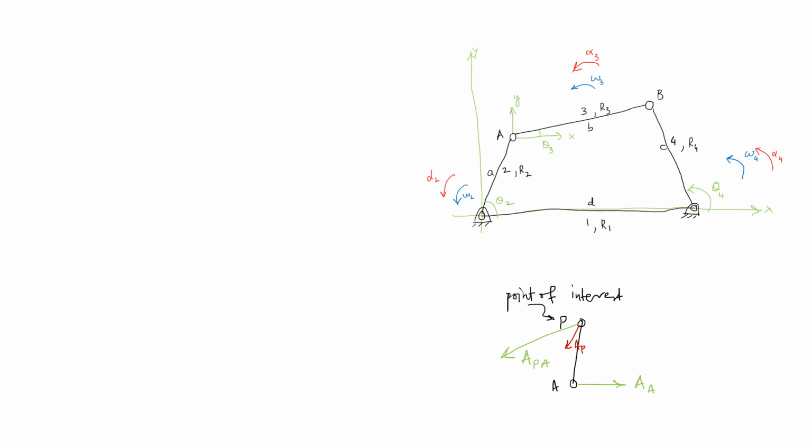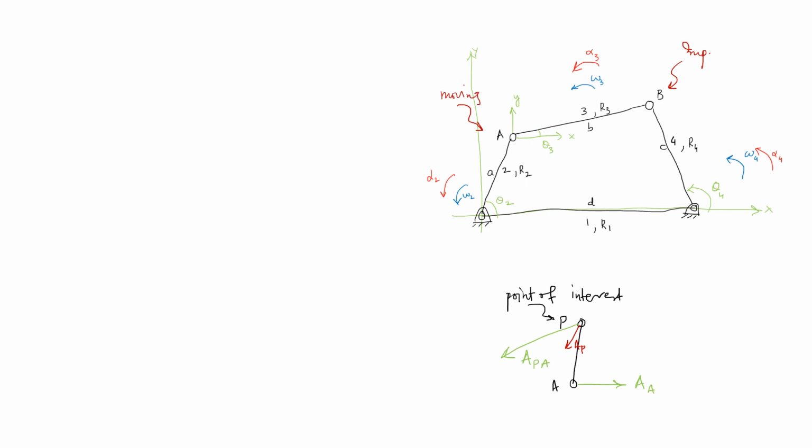So making analogies with the four-bar mechanism, we can say that point B currently is the point of interest. This is important for us. And point A is moving similar to the point A moving over here.